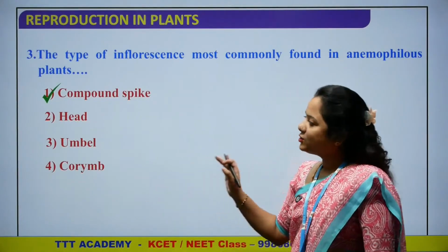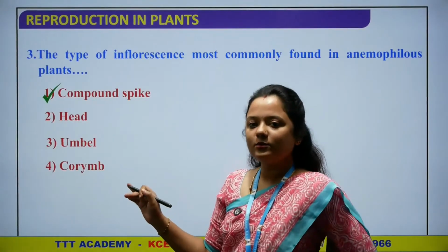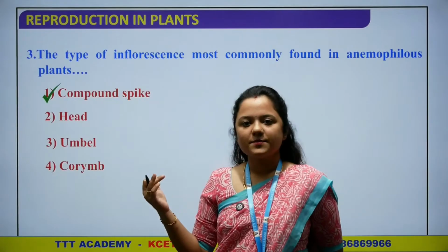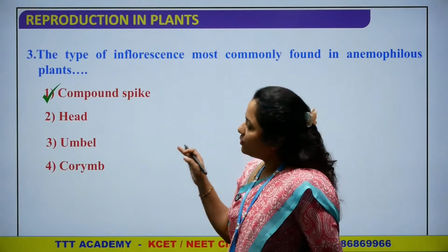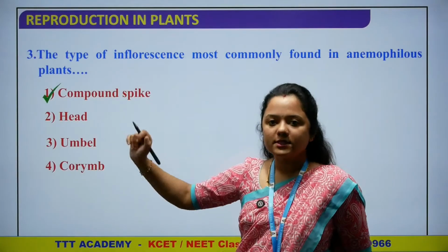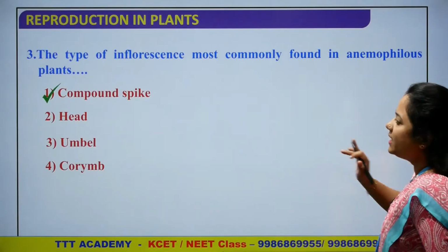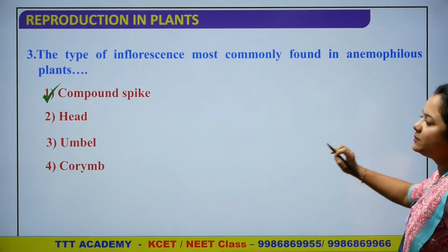Okay. So in the previous class, we had studied the different types of inflorescence, correct? And different types of pollination, etc. So we were held up with this question, which asks about the type of inflorescence found in anemophilous plants.